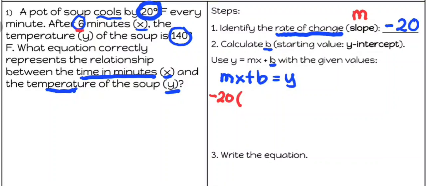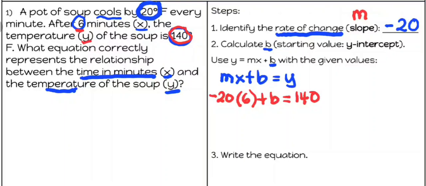It says 6, right? So negative 20 times 6 plus b, we don't know the b yet, so that's what we're going to solve, equals y, which is 140. So the temperature of the soup is 140 after 6 minutes. Then we'll solve for b.